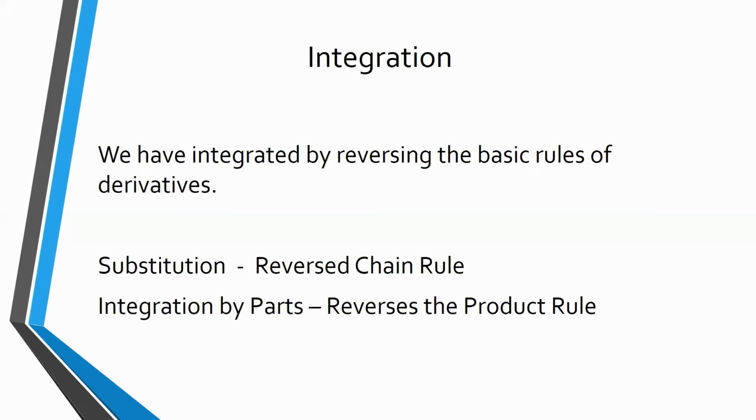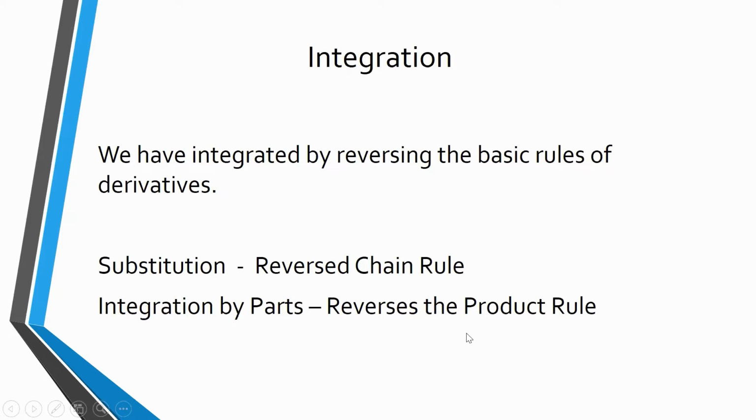In the previous section, we looked at substitution, and that was a reversing of the chain rule. In order to undo a chain rule, we utilize substitution. Integration by parts is basically the reverse of the product rule.